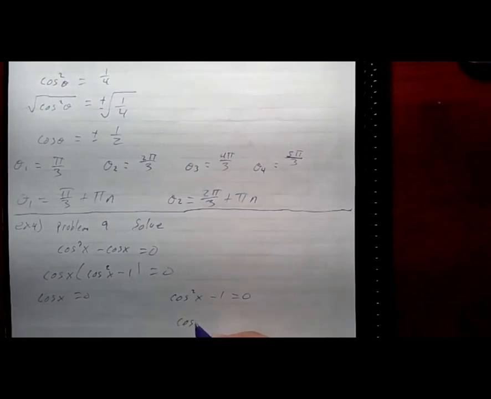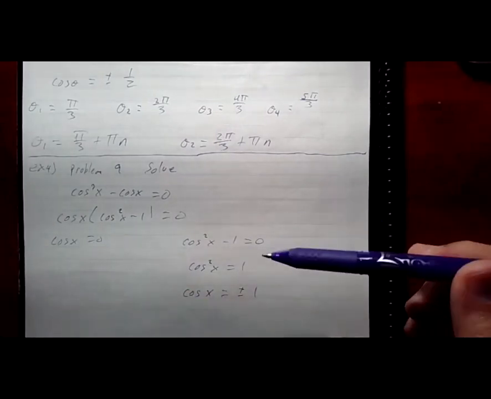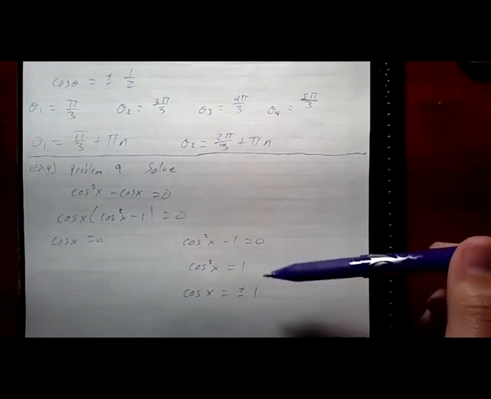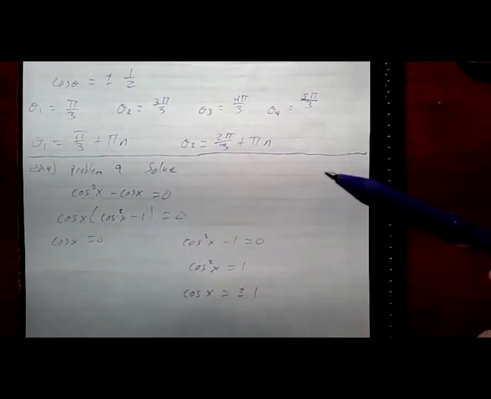So cosine equals that. Square root both sides, and then I'll get plus or minus 1. So the question is, what angles give me a 1 and a negative 1? What angle gives me 0?